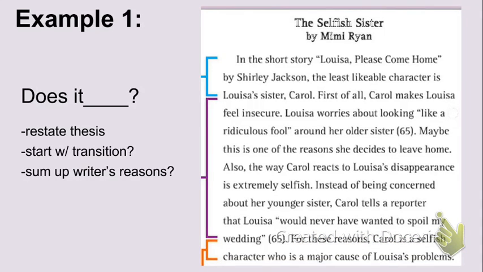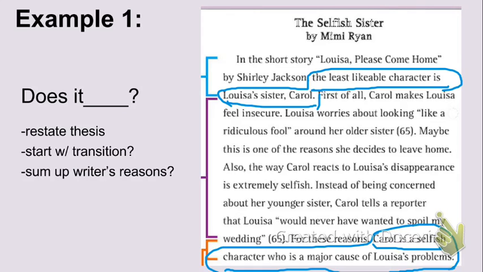Let's go back and see if it restates our thesis statement, also called our controlling idea. In our introduction, we can see our thesis statement or controlling idea. In the short story, Louisa, Please Come Home by Shirley Jackson, the least likable character is Louisa's sister, Carol. Although the author doesn't exactly say the same thing as in the introduction, she does restate in different words what she was saying in her thesis or controlling statement.